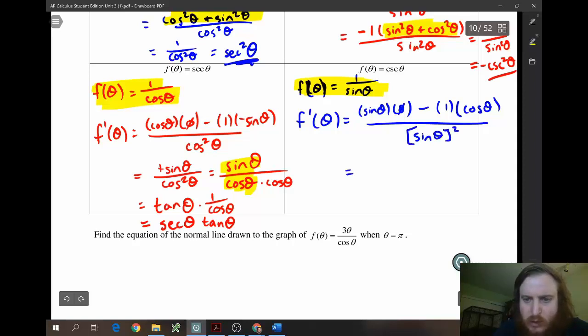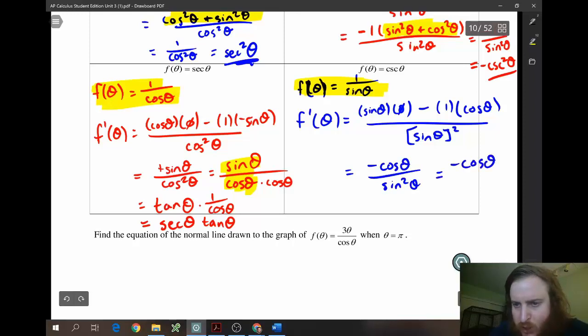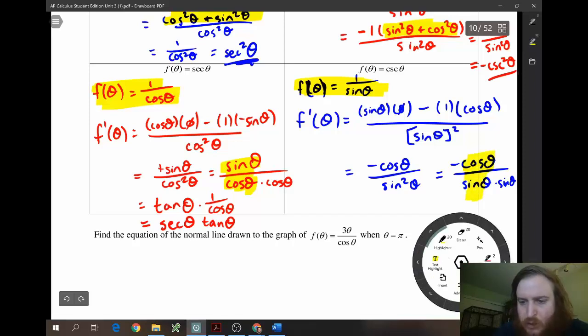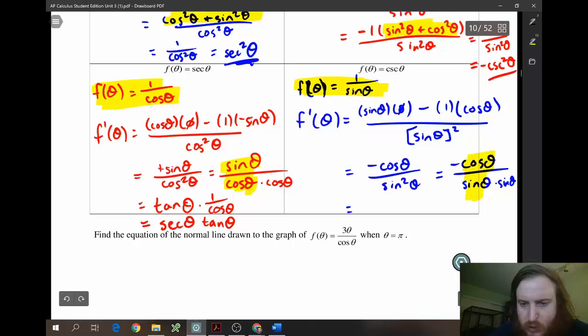So now that's 0 minus cosine theta, which becomes negative cosine theta over sine squared theta, and we're going to do that same thing we just did, where anytime we have sine over cosine, it's tangent, and anytime it's backwards, cosine over sine, that's cotangent. So that part becomes cotangent, so negative cotangent of theta times 1 over sine theta, and 1 over sine theta becomes cosecant theta. And just like before, we're going to put the cosecant theta in front, so negative cosecant theta cotangent theta.